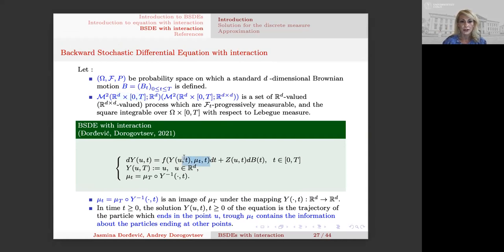It has a drift which depends on time, measure, and the state process of the solution. It has a final condition.